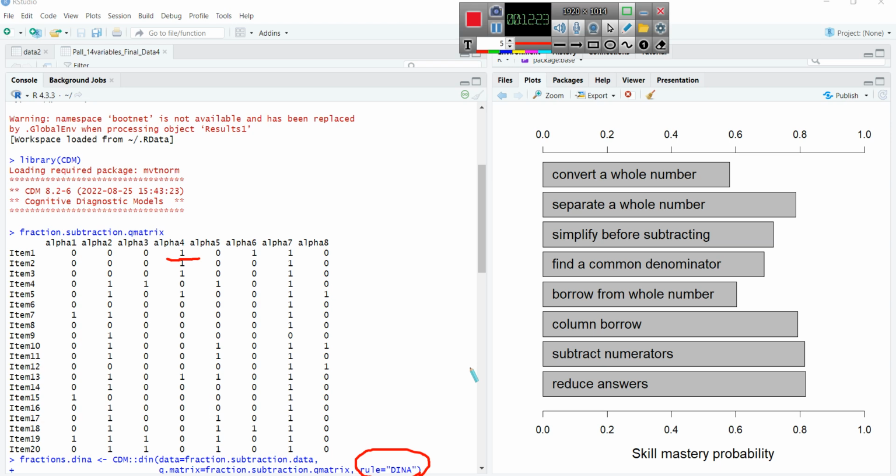So the model that yields a better goodness of fit indices is the optimum model that should be reported. So the process of cognitive diagnostic modeling is to find the optimum model.